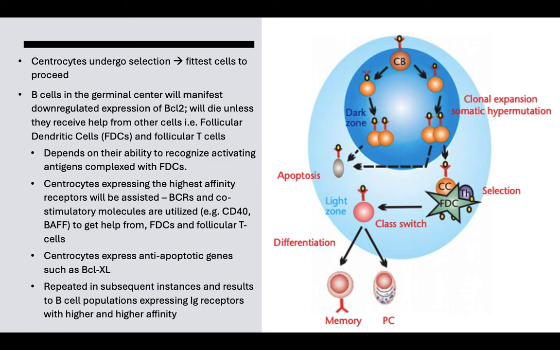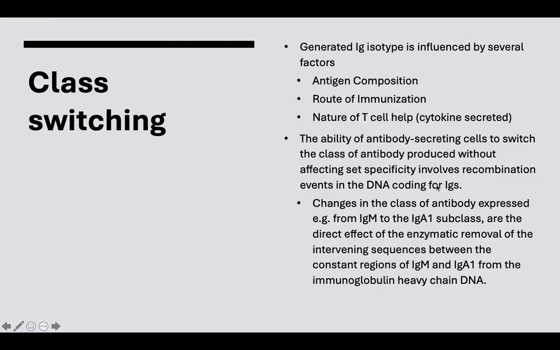How can it do class switching? The class switching can only be possible if instead of the gene coding for IgM, the gene coding for IgA will be expressed, and that switch in expression will depend on enzymatic activities, usually by removing intervening sequences between constant regions of the to-be-developed immunoglobulin.